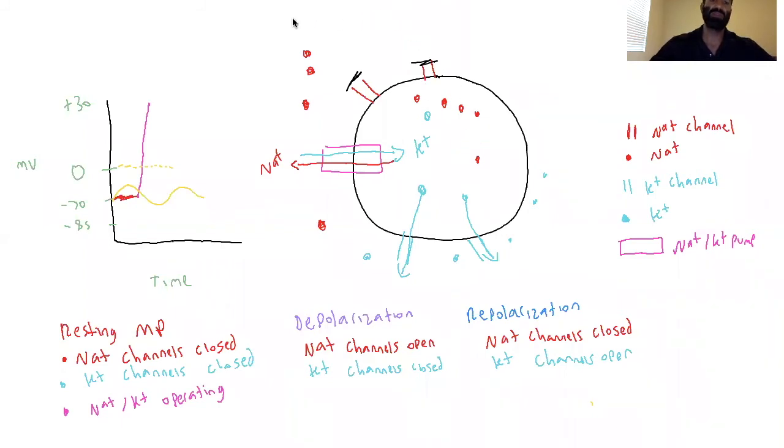Now what's going to happen is that this is going to result in something called hyperpolarization. So instead of negative 70 millivolts, it's going to go down to about negative 85 millivolts. And that's going to be called, I'll put that here. Let's see, where should I put it? Hyperpolarization.